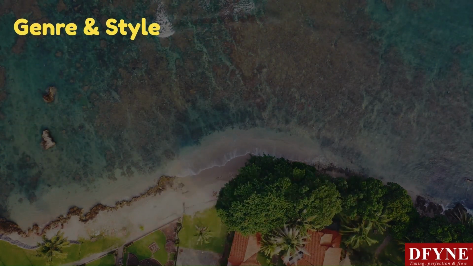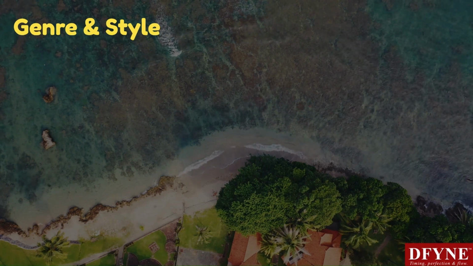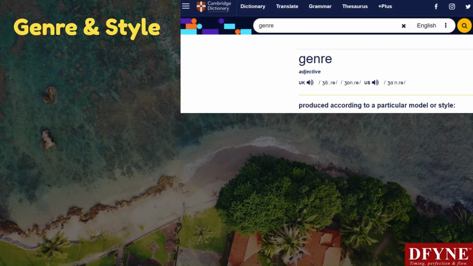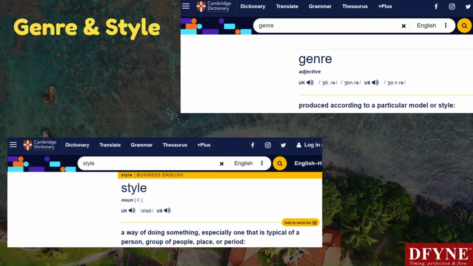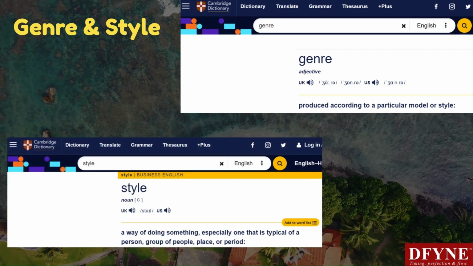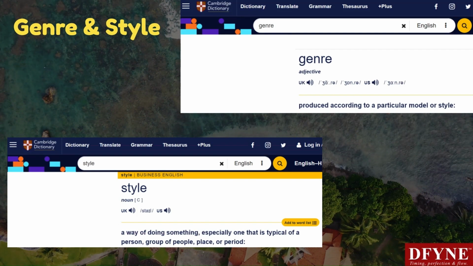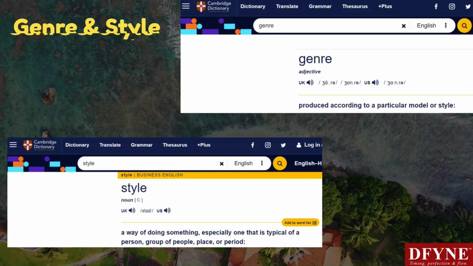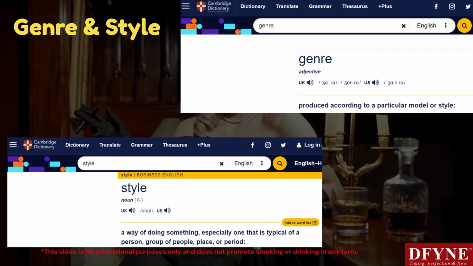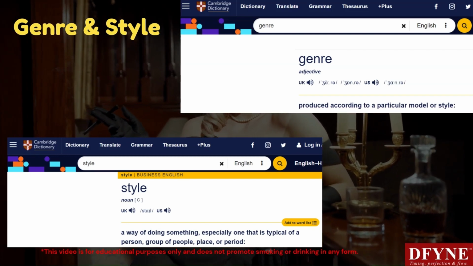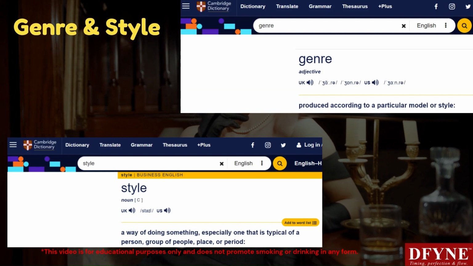Genre and style. Genre is defined as produced according to a particular model or style. And style is defined as a way of doing something, especially one that is typical of a person, group of people, place, or period. In this case, this would be a group of people associated with healthcare professionals.